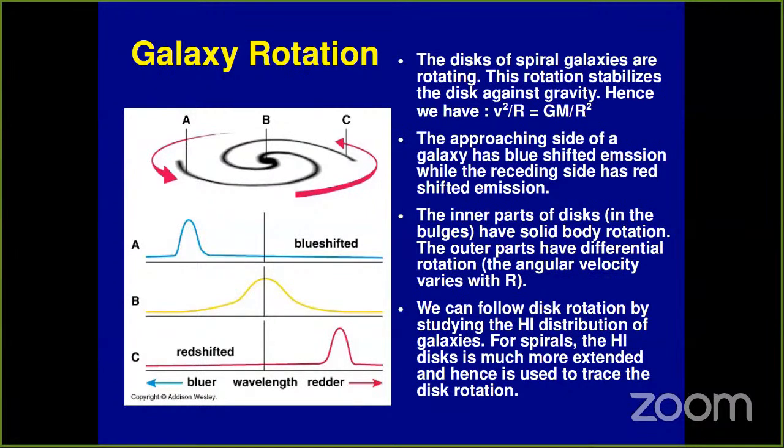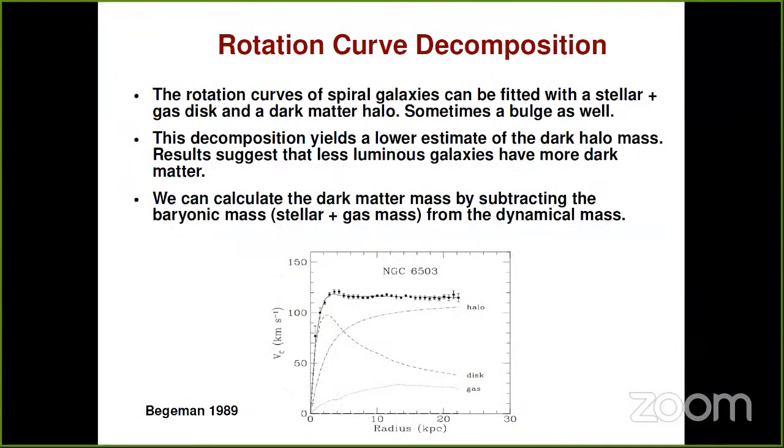So what you have to do is take the concept of galaxy rotation and the rotation curve which is shown here. You have to use the last radius of the rotation curve and the flat rotation velocity to calculate the dynamical mass. What I've shown in the figure is that for any galaxy, the rotation curve is made up of a contribution from the stellar disk, from the gas, and also from the dark matter halo.